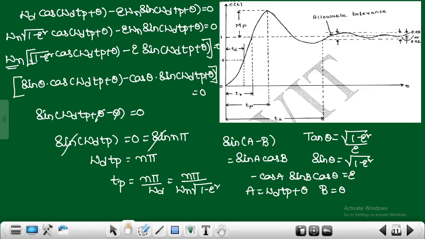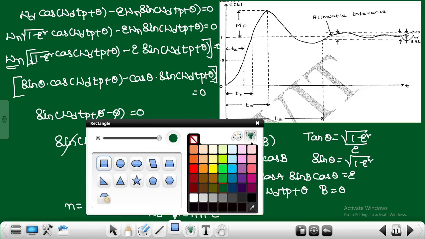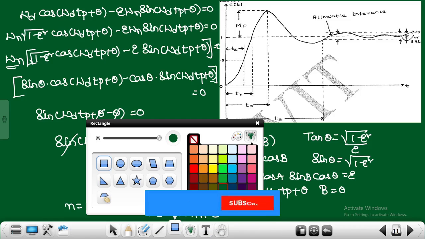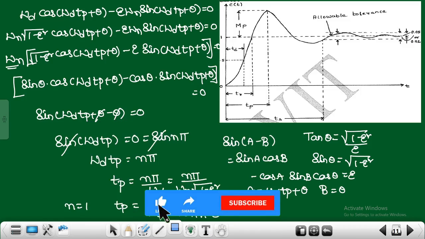So, this is called the peak time. When n is equal to 1, Tp becomes pi divided by omega d, or pi divided by omega n into under root of 1 minus zeta square. These are the two important formulas which we require. Let us note these two important formulas, all of you take this.